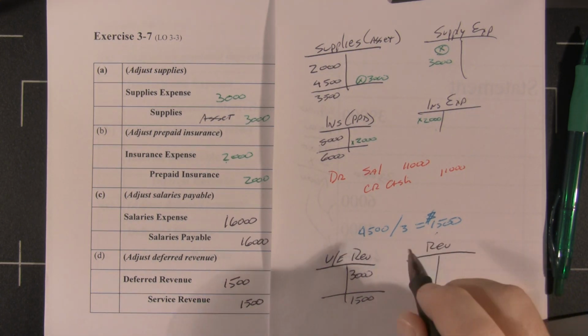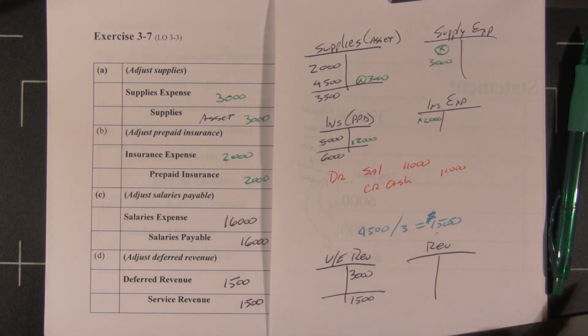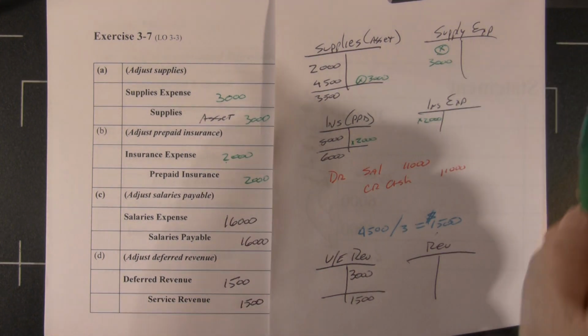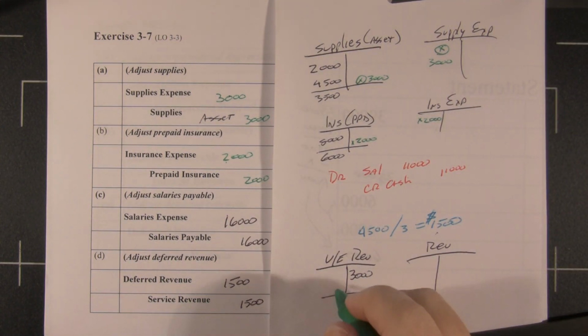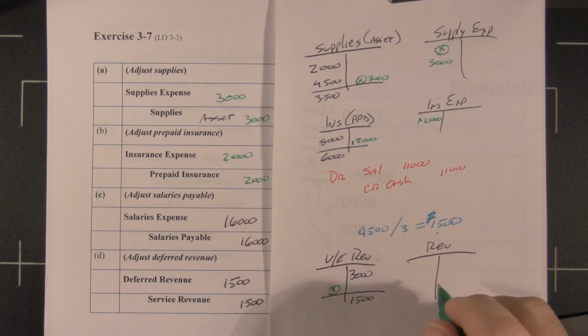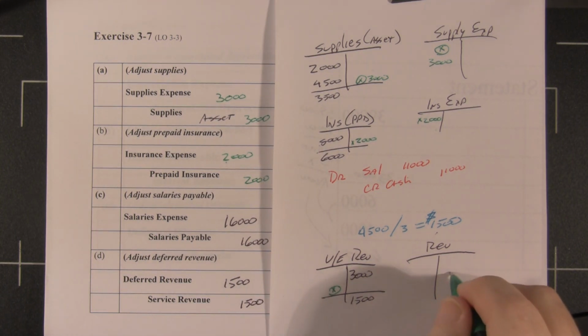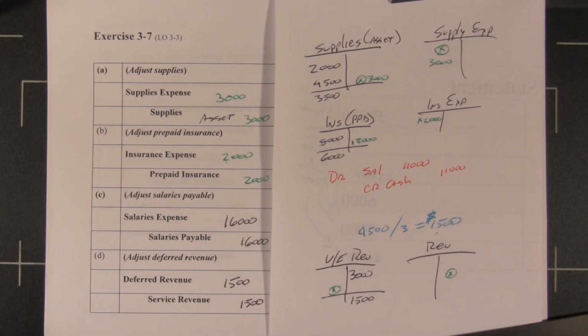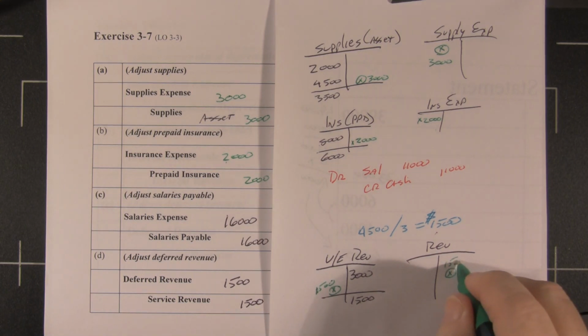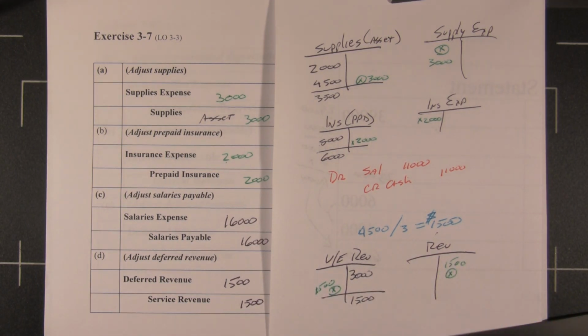This is linked to the revenue account, and it's asking us what is this number, and that number is $1,500. Debit unearned revenue, deferred revenue, $1,500. Credit earned revenue, or just revenue, $1,500.